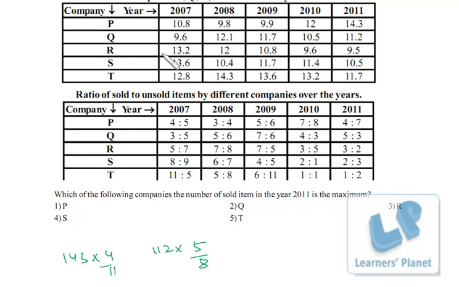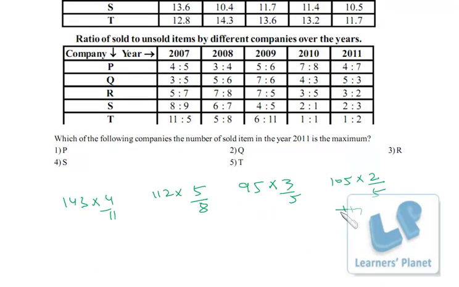For R, 95 into 3 by 5. For S, 105 into 2 by 5. For T it's 117, and sold items is 1 by 3.